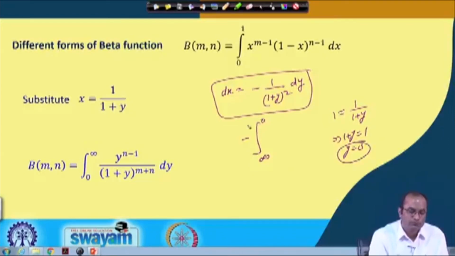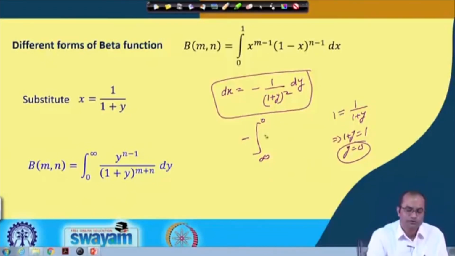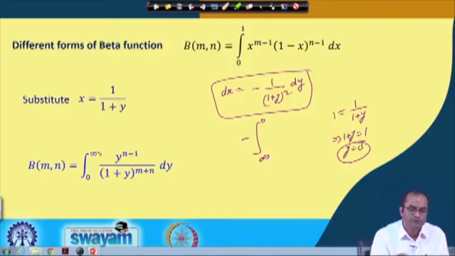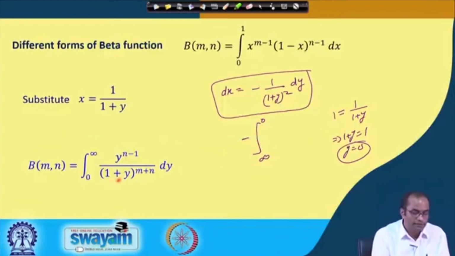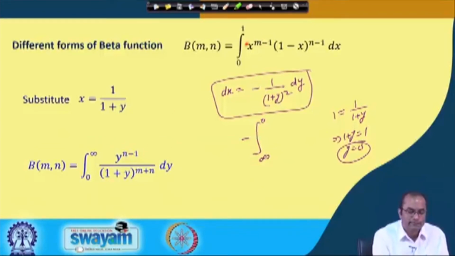So, y will approach 0, and the minus sign will reverse the limits. So, we have 0 to infinity there, and x is replaced by 1 over 1 plus y.